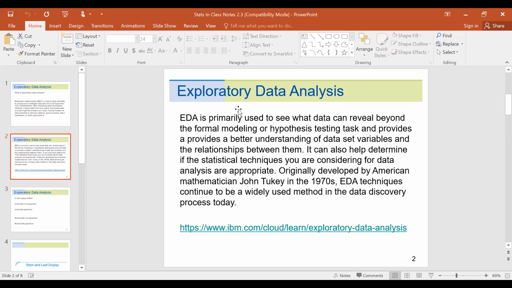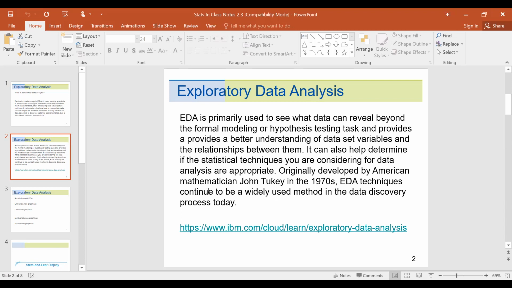Mainly what we're trying to do is see what data can reveal beyond formal modeling or hypothesis testing. And we want to have a better understanding of the data that we're looking at and the variables.